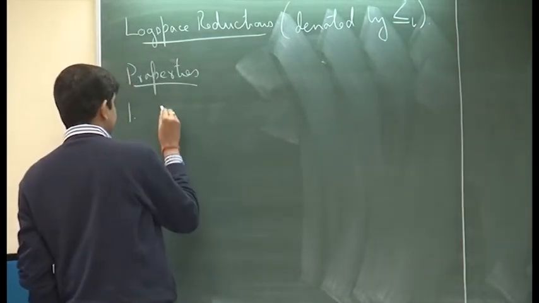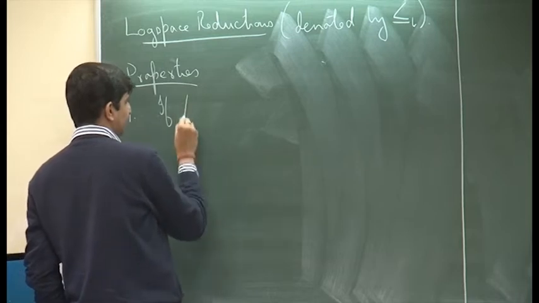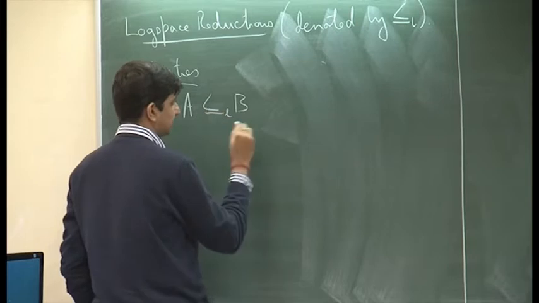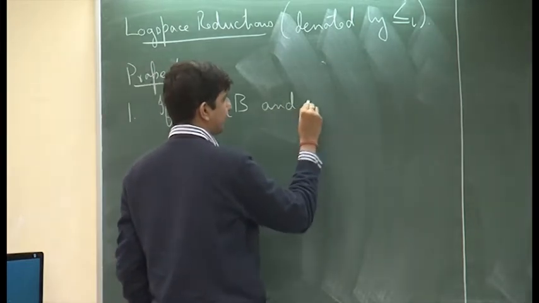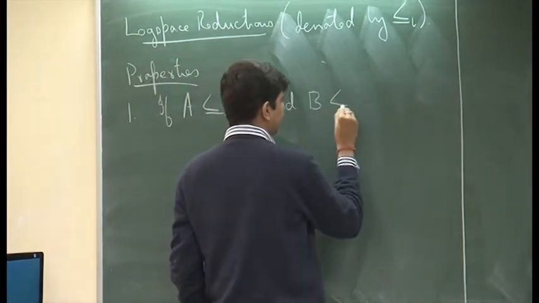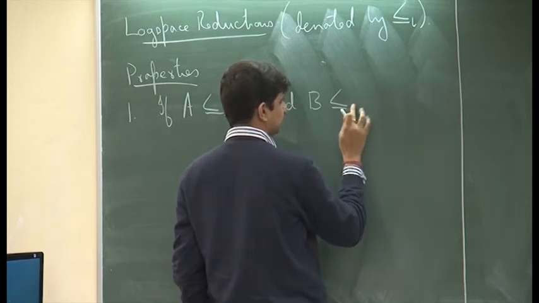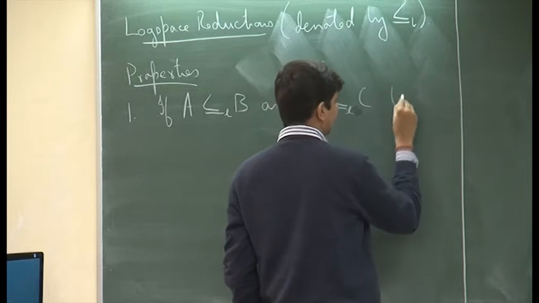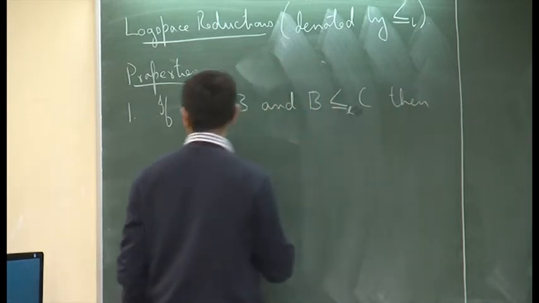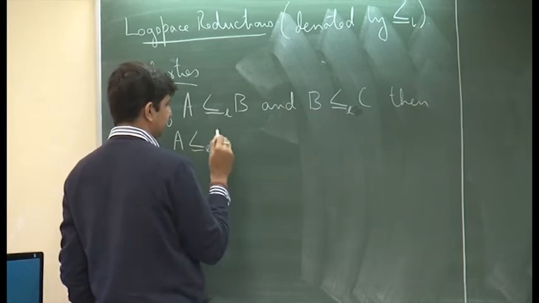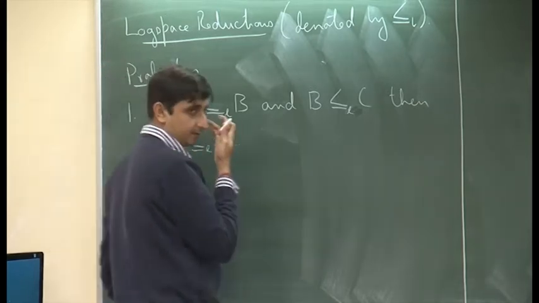So, the first property is, if a language A reduces to B in log space and B reduces to C, then A reduces to C.